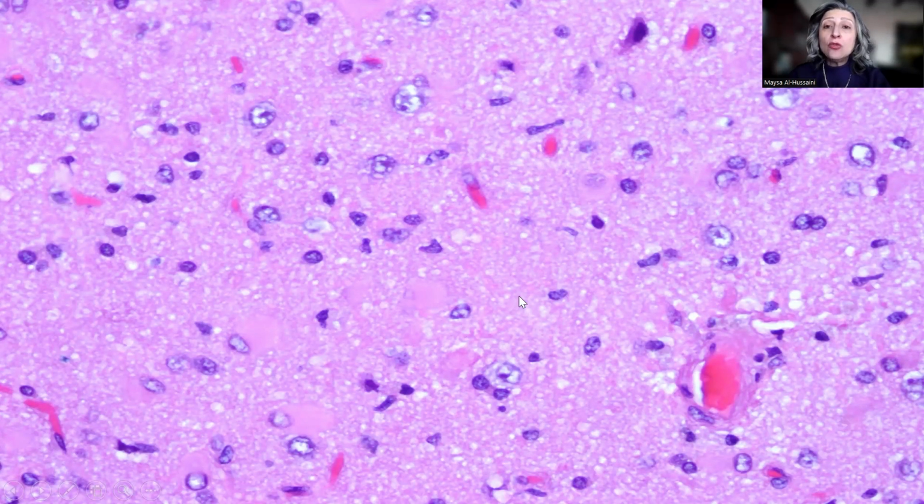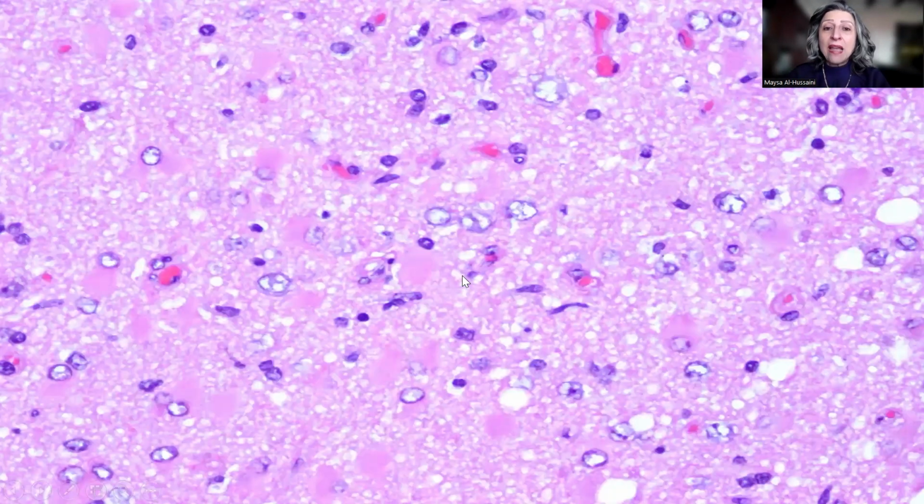But what I would like to draw your attention to is those rod cells. These are the microglial cells that are known as rod cells, and I'm going to show you more. And this is also indicative of a reactive process. On another focus, these are all the cells with the elongated nuclei that we see here scattered.